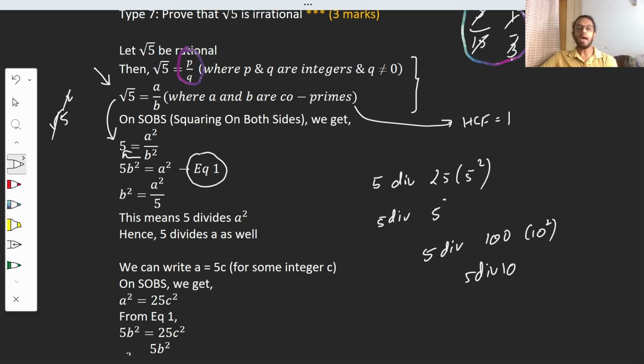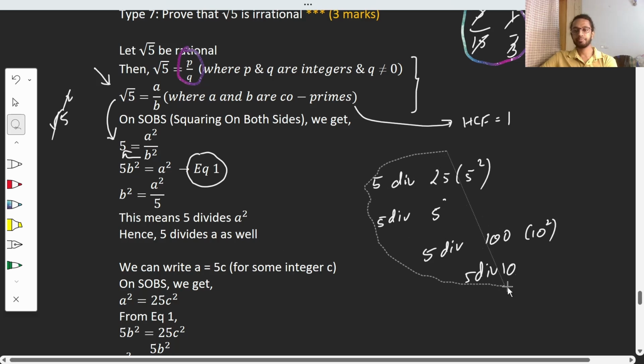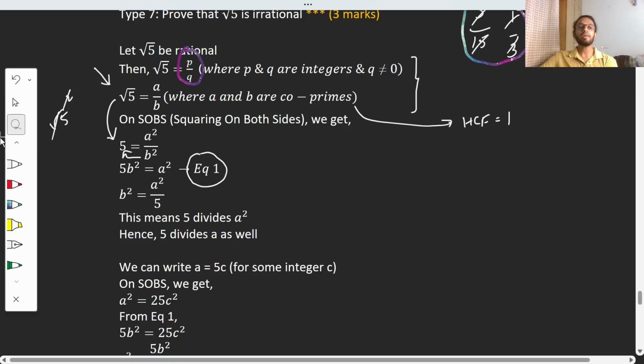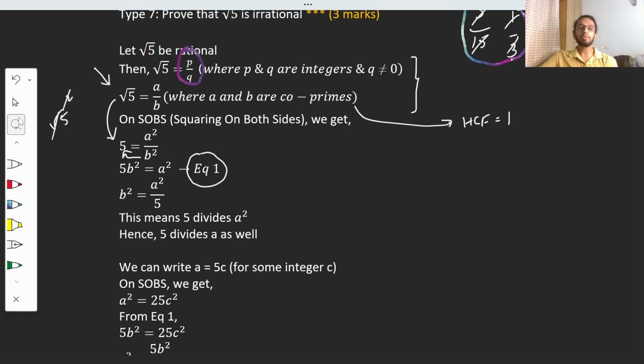So after 5 divides a as well, when 5 divides a number, we would be able to write it in a form like this. For example, when 5 divides 20, then I can write 20 equals 5 times 4.